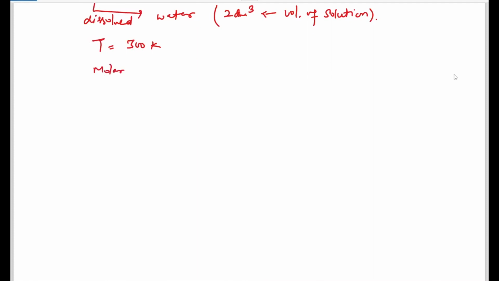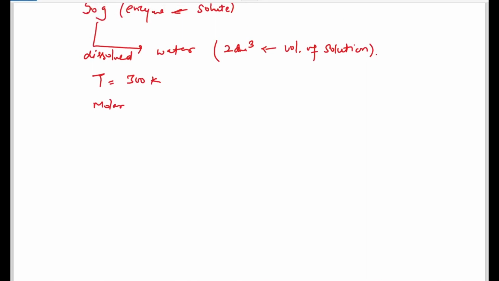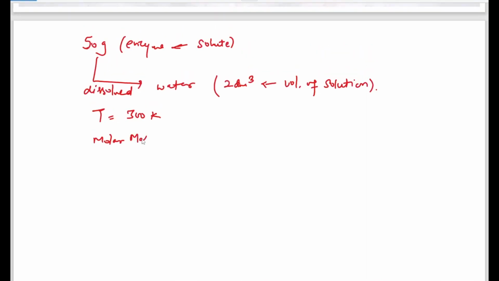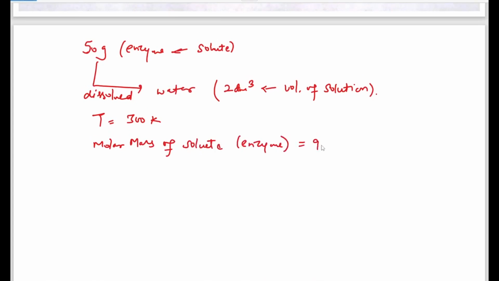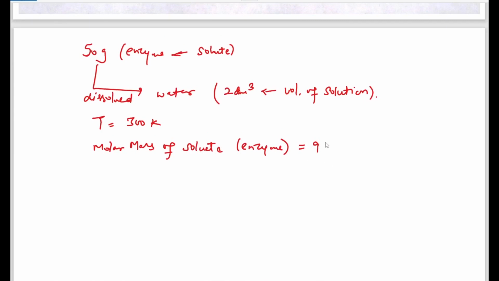And the molar mass of the solute, that is the enzyme, is given: 90,000 gram per mole. The R value is given: 0.083 decimeter cube bar per Kelvin per mole.